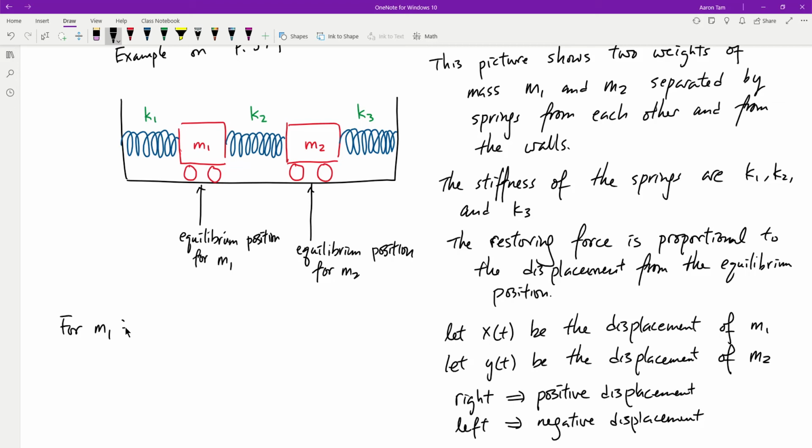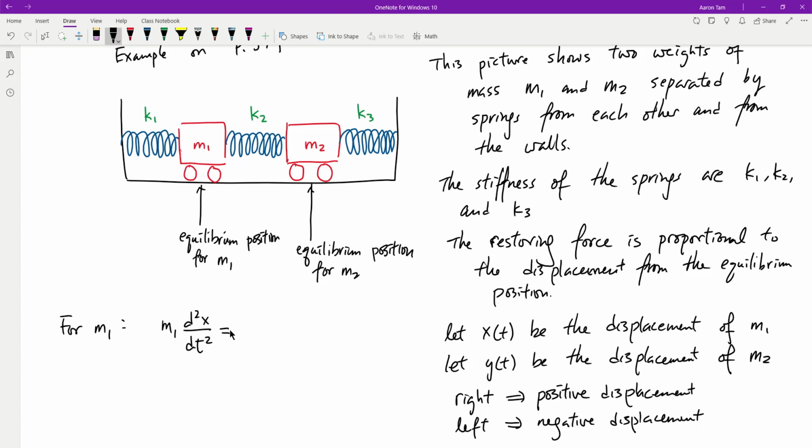So first of all, we know that the net resulting force on any mass is, according to Newton's law of motion, the mass times the acceleration, which for mass number 1 would be d squared x over dt squared. And that would be the result of 3 different forces that can act on this mass. Yes, there are 3, even though there are only 2 springs attached to M1.